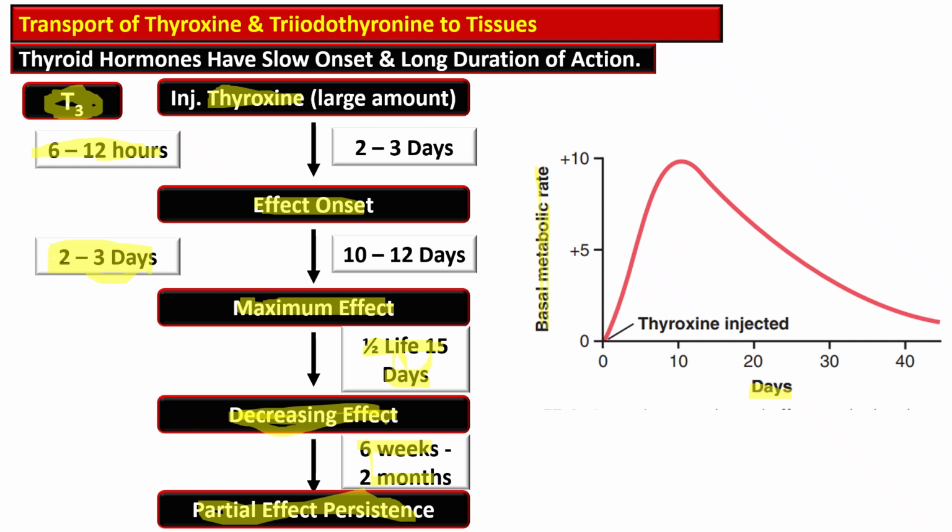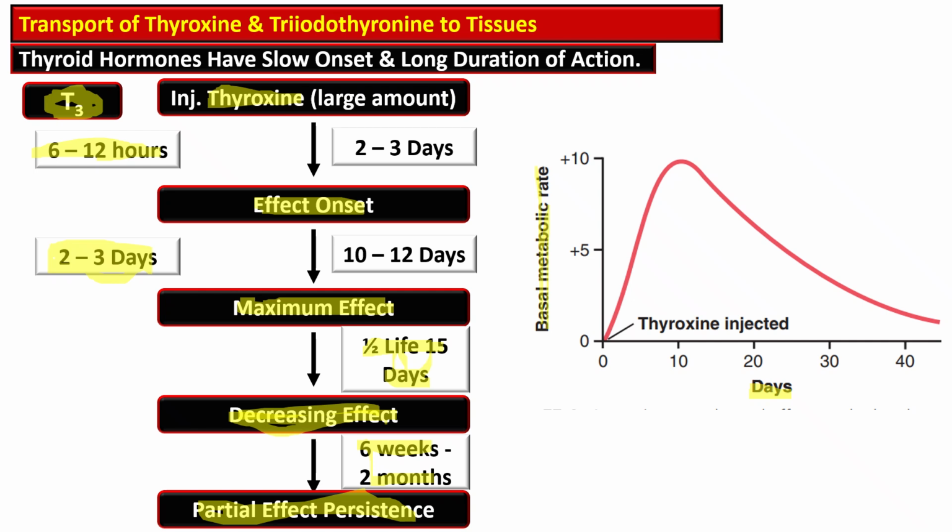Here you can see on the x-axis there is time in days from 0 to 45, while on the y-axis vertically there is BMR relative to normal, which starts at 0 and peaks at 10.